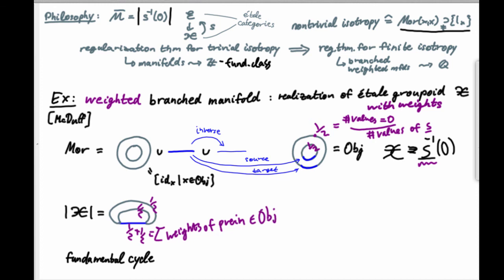So the beauty is that I have weight 1/2 on each of these bits of circles, and weight 1 on the blue thing, so I can come up with a fundamental cycle here.